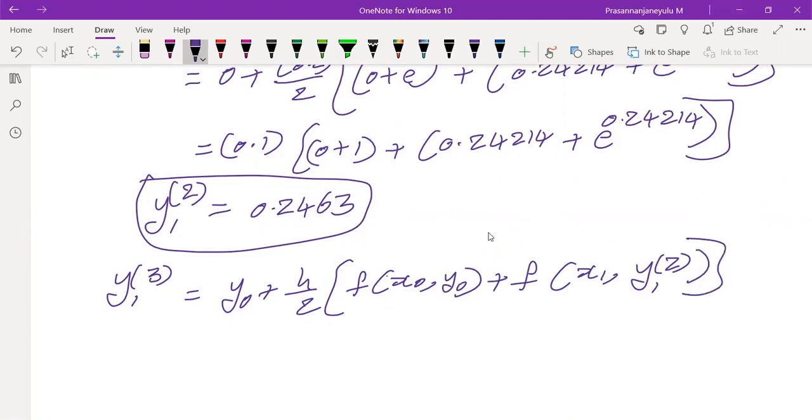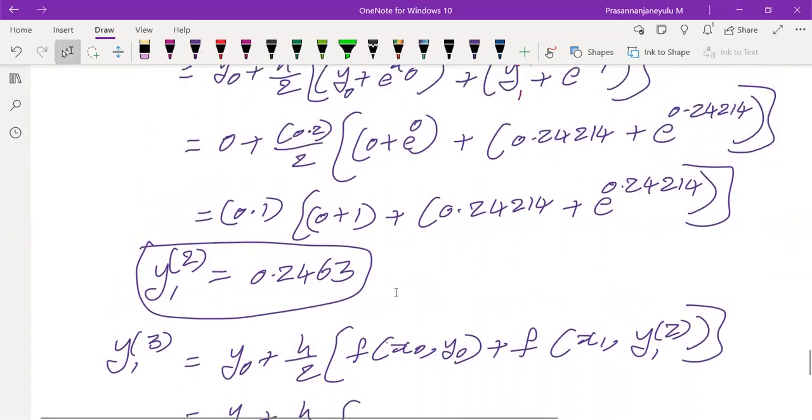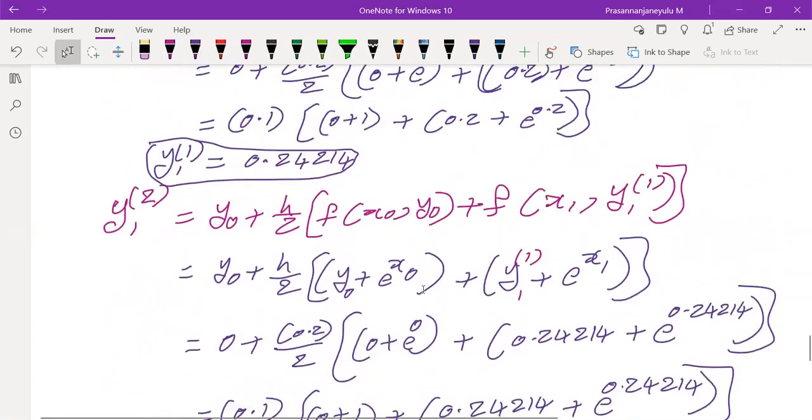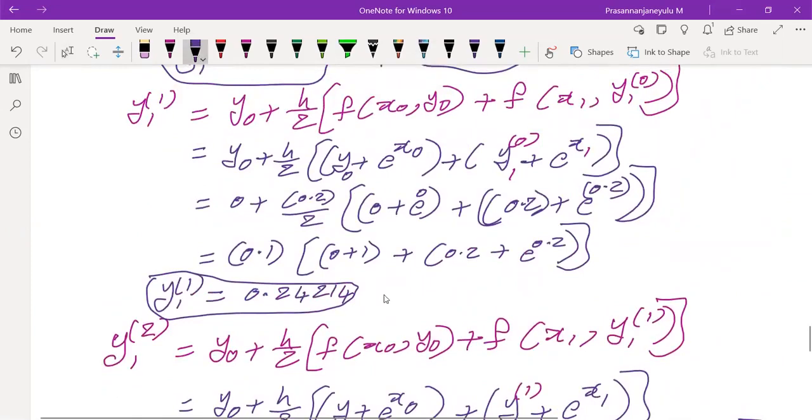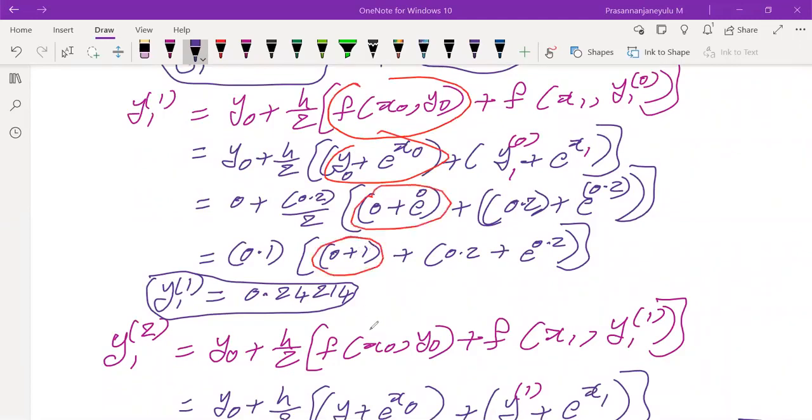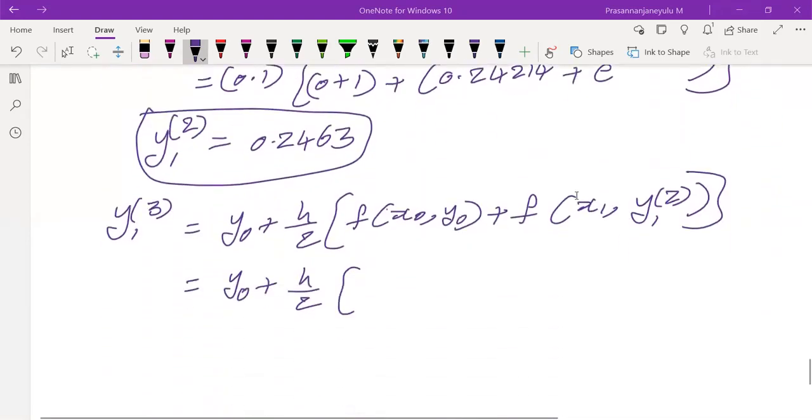For making our calculations simple, what we are finding here is the f of x0 comma y0 value. You can observe here we are finding the f of x0 comma y0 value. How much are we getting? This value is 1, simply. The same thing we are finding here also, f of x0 comma y0, no change at all. So what will we get? It is also 1 only. So I can substitute 1 directly here instead of substituting everything.